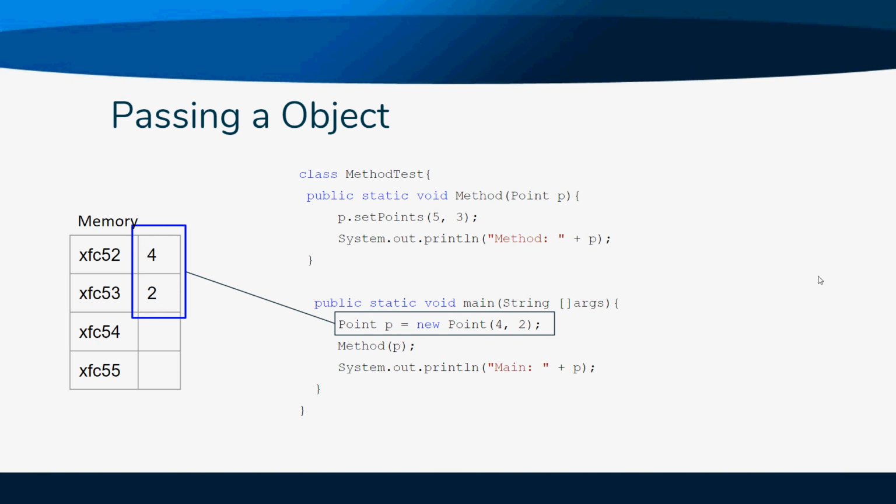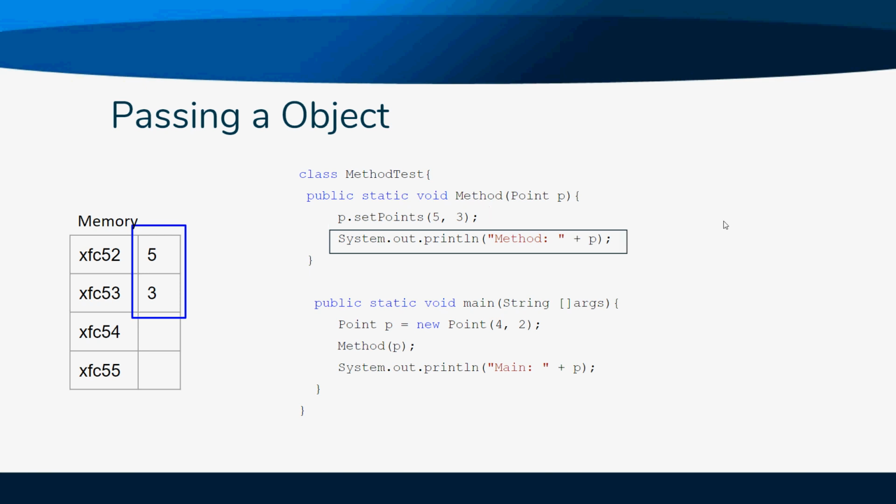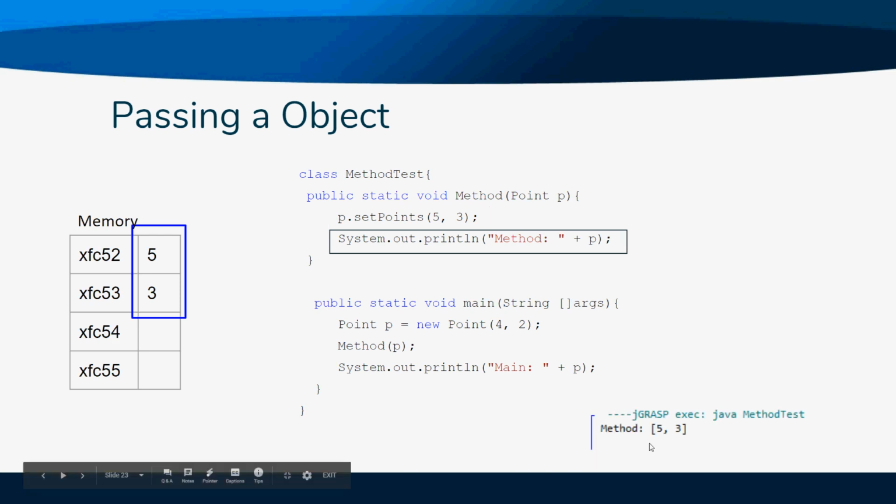Then it's going to go to the method call, and when it receives it, it's just going to send a reference of the same location in memory. So if I set the points, it's actually changing the points in memory. If I print out the points to the console from the method, it will show me those new updated points.